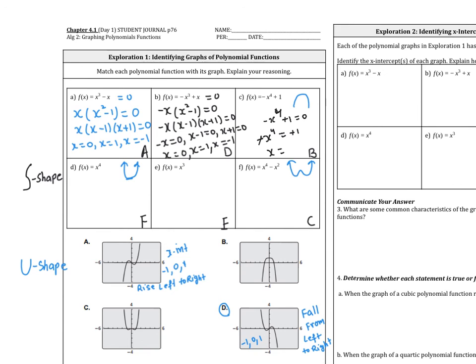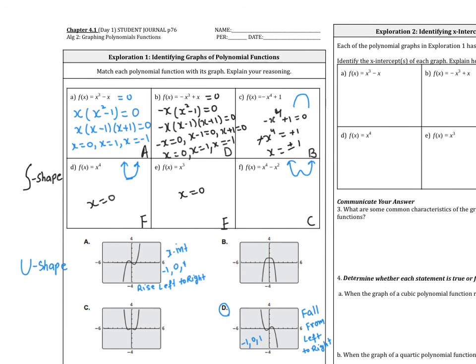They all equal plus or minus 1. So for the letter B graph, you can see that it's negative 1 and positive 1. For letter E, if you put x cubed equals 0, it's just 0 for the x-intercept. For D it is 0 and E is 0.